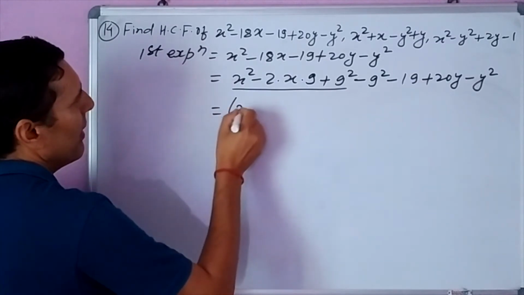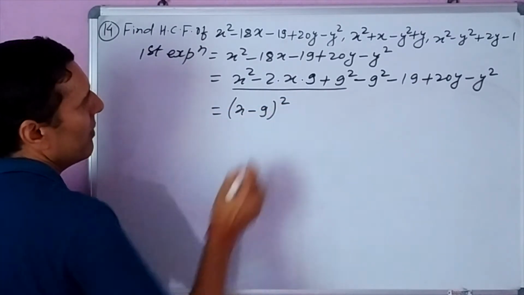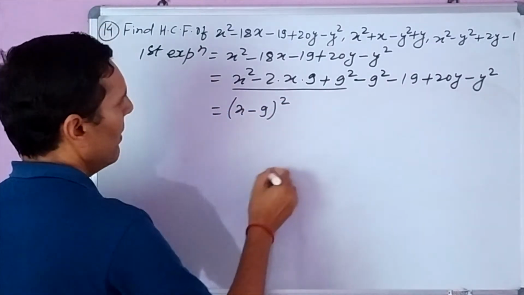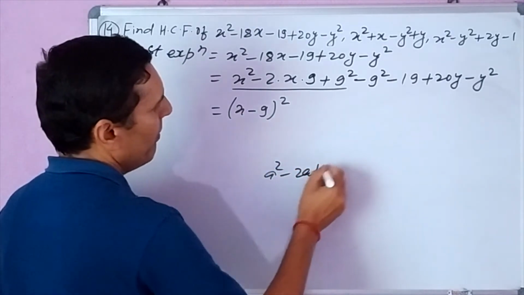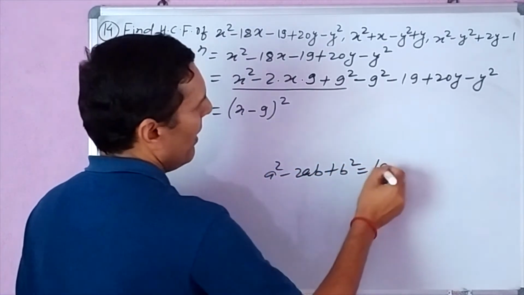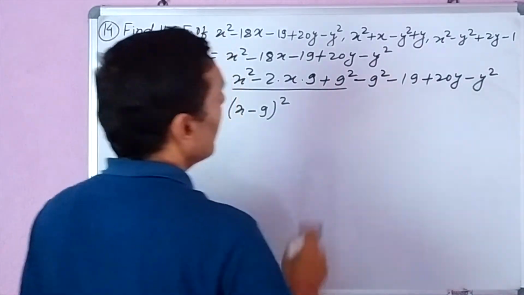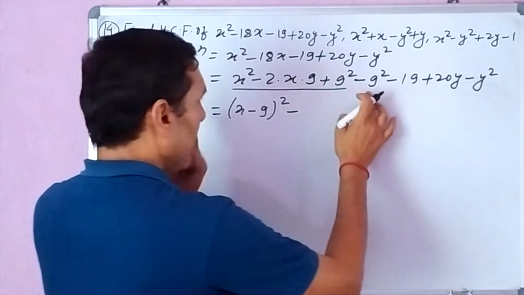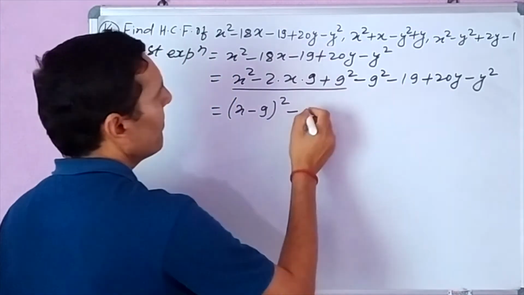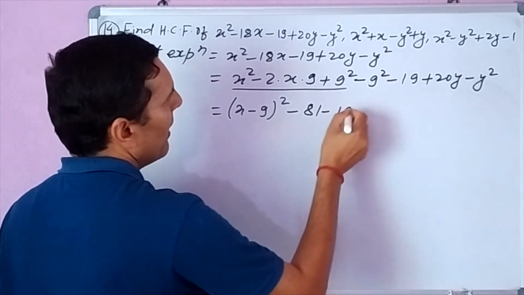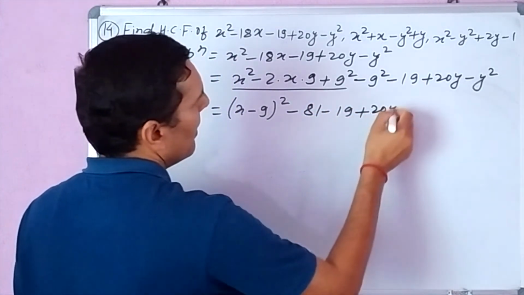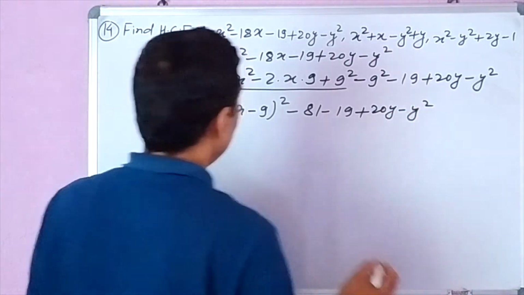Up to here we can write x minus 9 whole square, a minus b whole square. And this 9 square is 81, minus 19 plus 20y minus y square as it is.